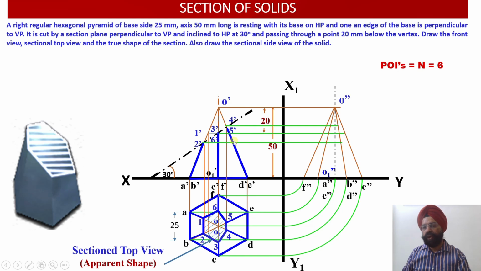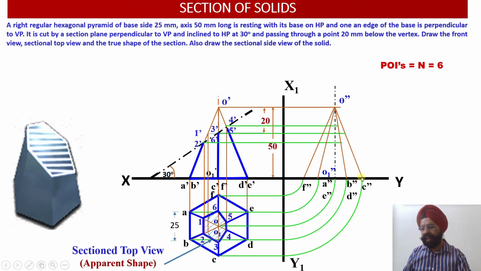Similarly, I have drawn a horizontal projector from 2 dash. So 2 dash was lying on O dash, B dash. So in the side view it will lie on O double dash, B double dash. So this point will be my 2 double dash. Similarly, 3 and 6. So 3 dash and 6 dash were lying on O dash, C dash and O dash, F dash. Now I take this locus line.